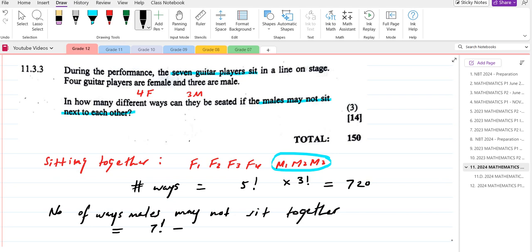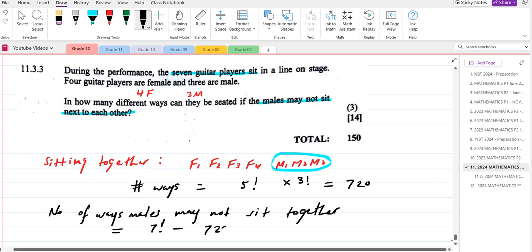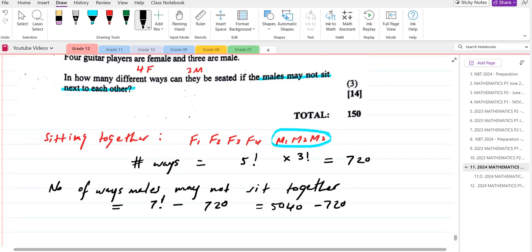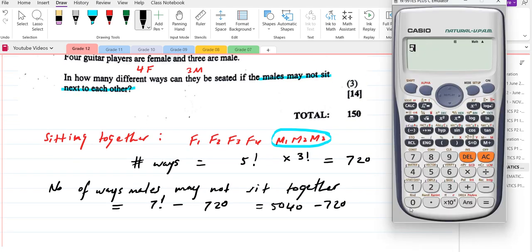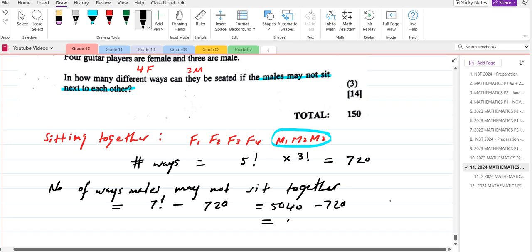Subtract the ways that they are sitting together, minus 720. 7 factorial was 5040 as we calculated, minus 720. So 5040 minus 720, we got 4,320 ways. Okay, so I hope you guys understood this.